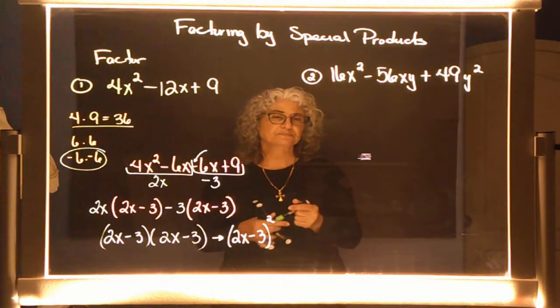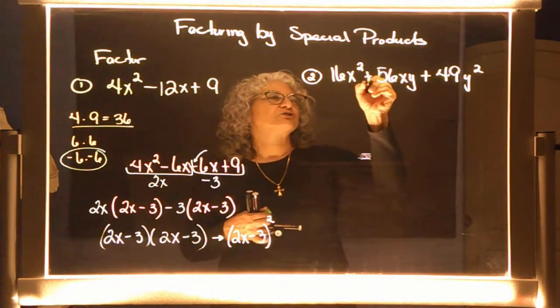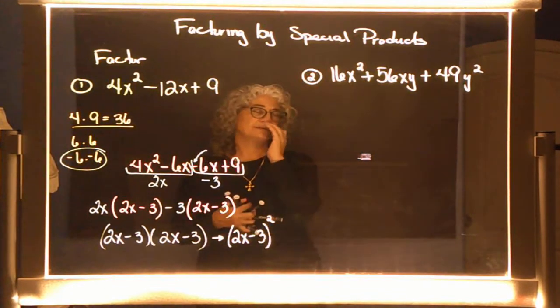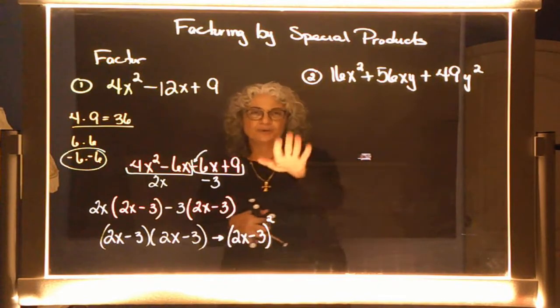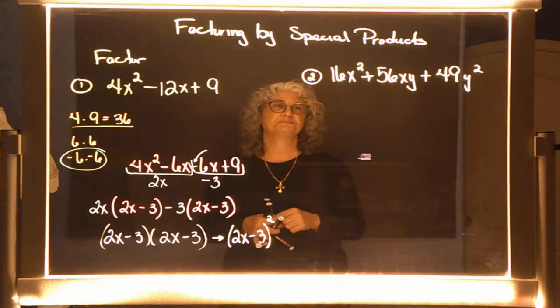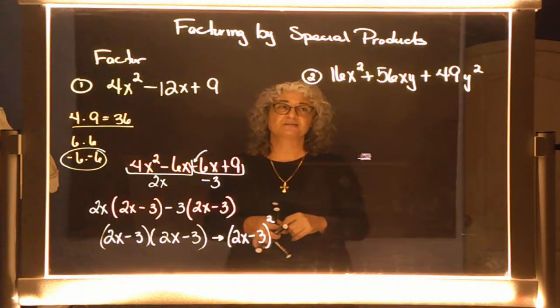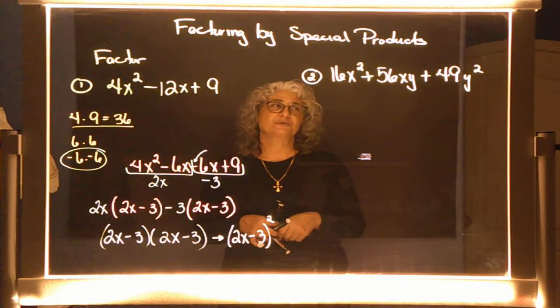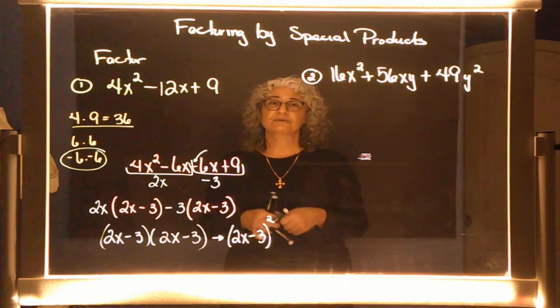Cool? Okay, I got a little change on the second one. All right, so here's the deal. Wow. The second one looks like fun, but no, we can handle it. All right, remember, reduce it first if possible. Can you? Yeah, nothing goes into those 3 numbers and there's no variables in common. Is it in descending order?